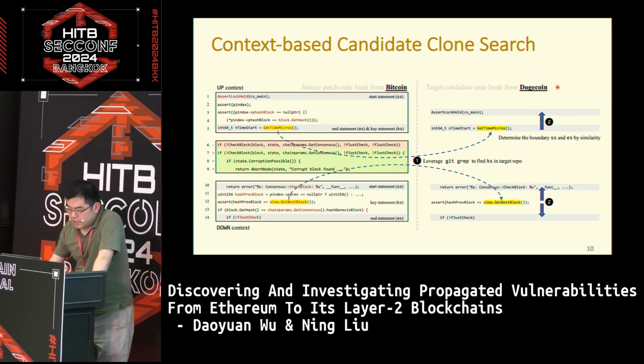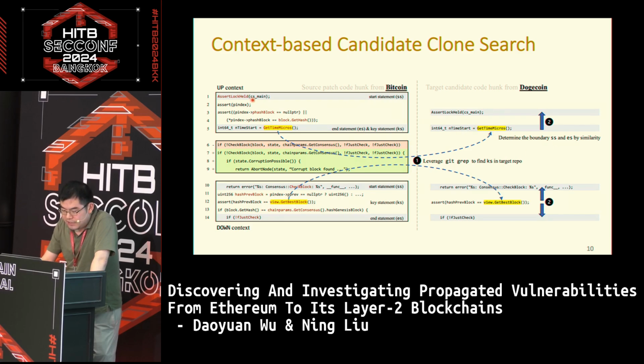After that, in the target piece of source code, we will do a nearby search to recover its original context. Here we will determine the boundary of the start statement SS and the end statement ES.